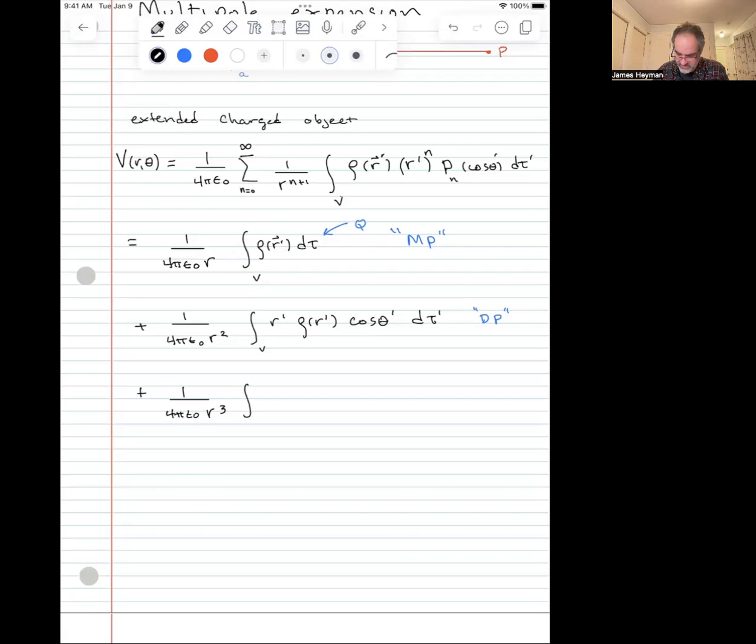And then we have the integral over the volume of r prime squared times the charge density times the second Legendre polynomial, 1/2 (3 cosine squared theta prime minus 1) d tau. And this term is called the quadrupole potential. Well, the series continues, but we're not going to continue. We'll stop there. Okay?